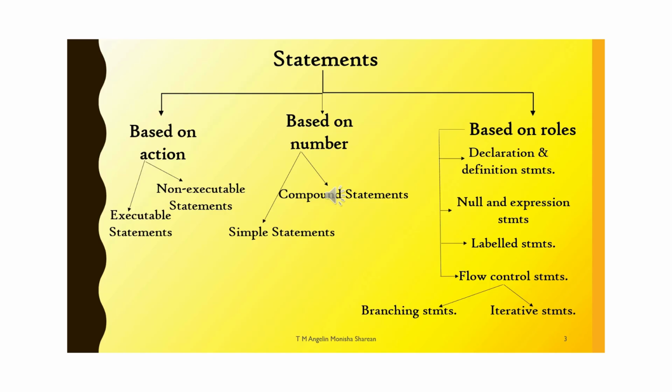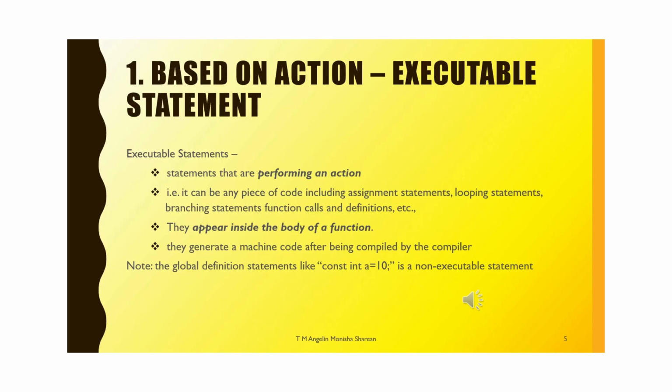Based on numbers, they can be classified into simple statements, which may include a single statement, and compound statements, which include a block of statements. Based on roles, they can be categorized into declaration and definition statements, then null and expression statements, label statements, and flow control statements. These flow control statements can be further classified into branching statements and iterative statements.